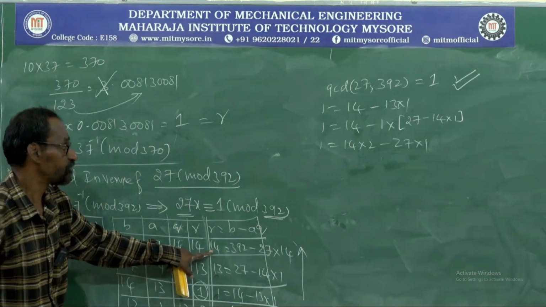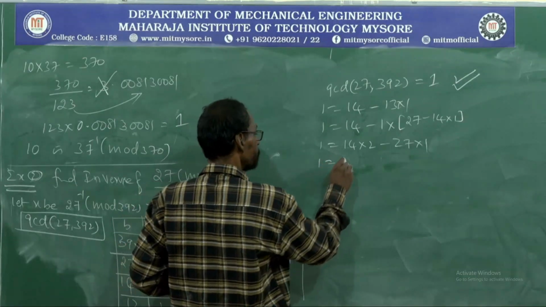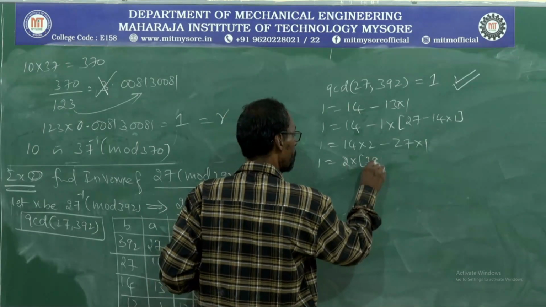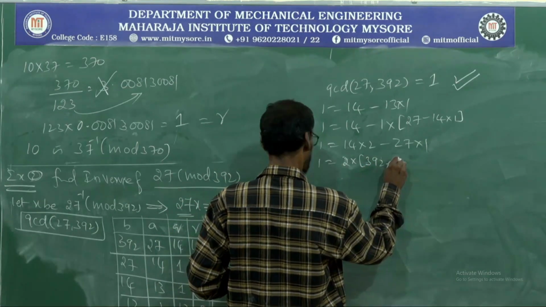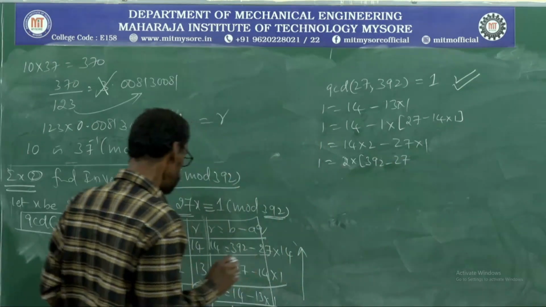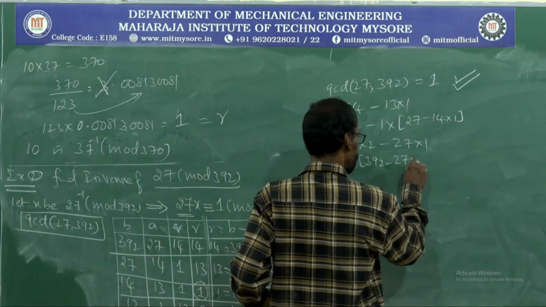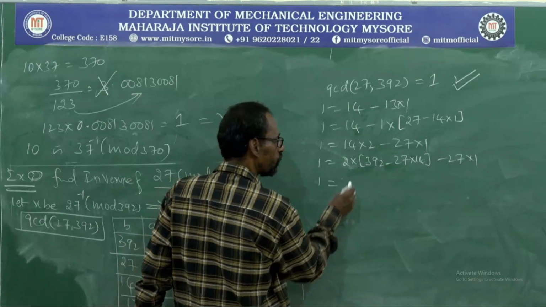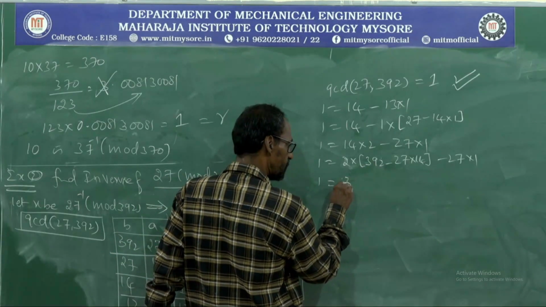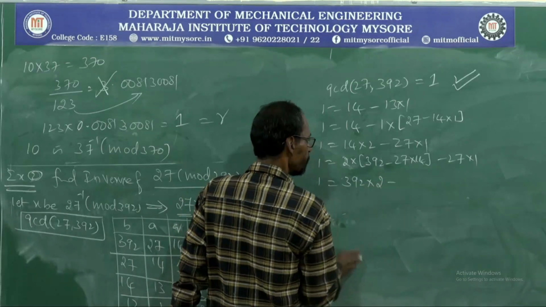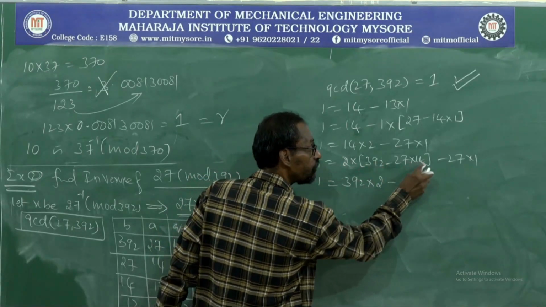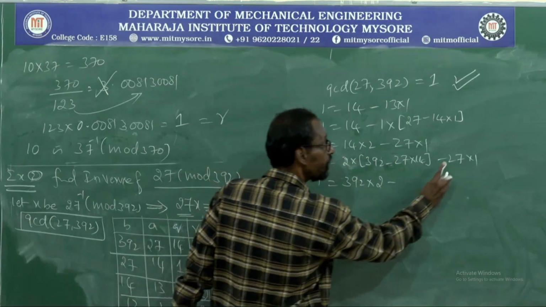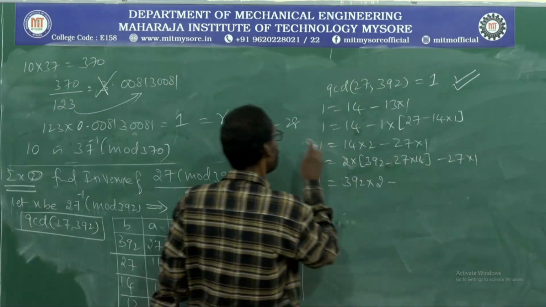Now go up, I can replace 14 with 392 minus 27 times 14. So 1 equal to 2 into 392, 2 into minus 14 that is minus 28, minus 27 into 1, that is minus 29.